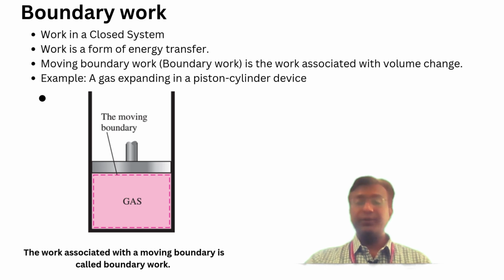Therefore, we can describe this physical interaction between the system and the boundary with the help of a mathematical representation. This mathematical representation of the boundary work can be defined with the help of the properties of the system such as pressure and volume. Okay, so here the work obtained on this system is given by pressure multiplied by change in volume.